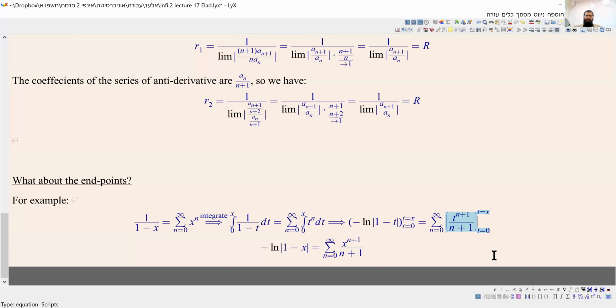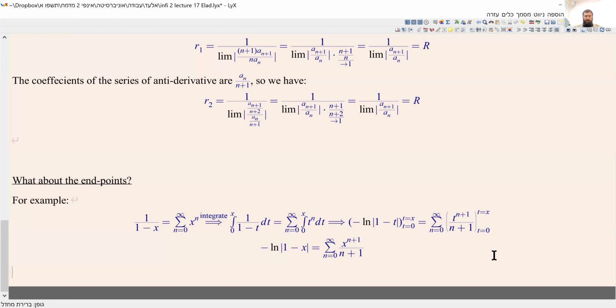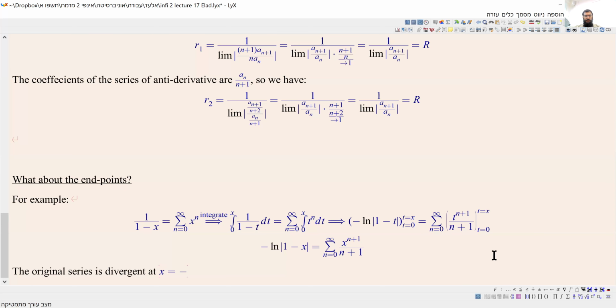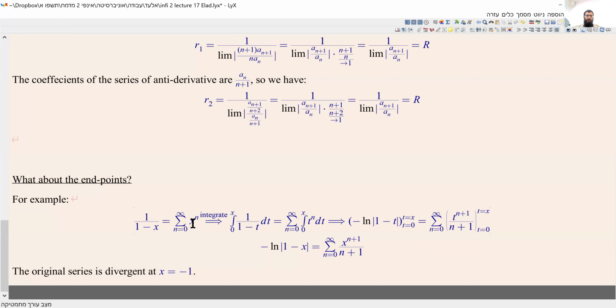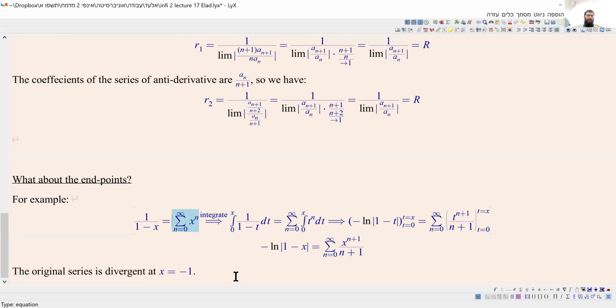So right now, the original series is divergent at x is -1. Put here -1, divergent series.